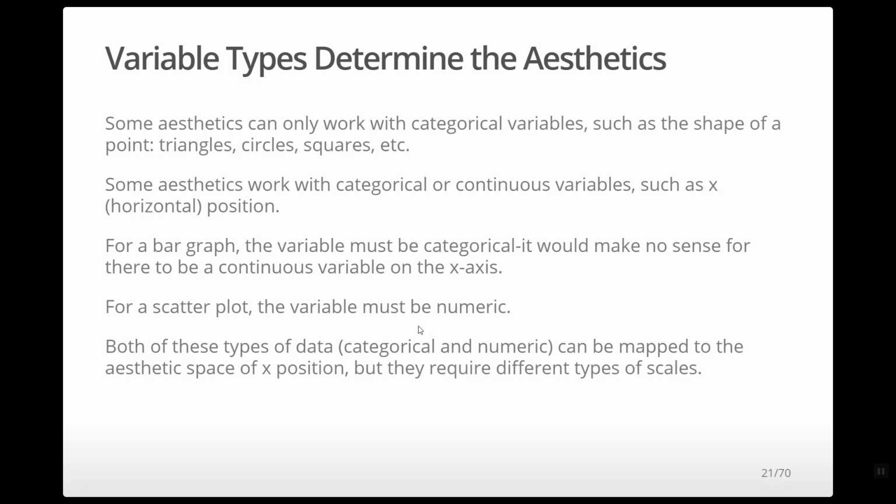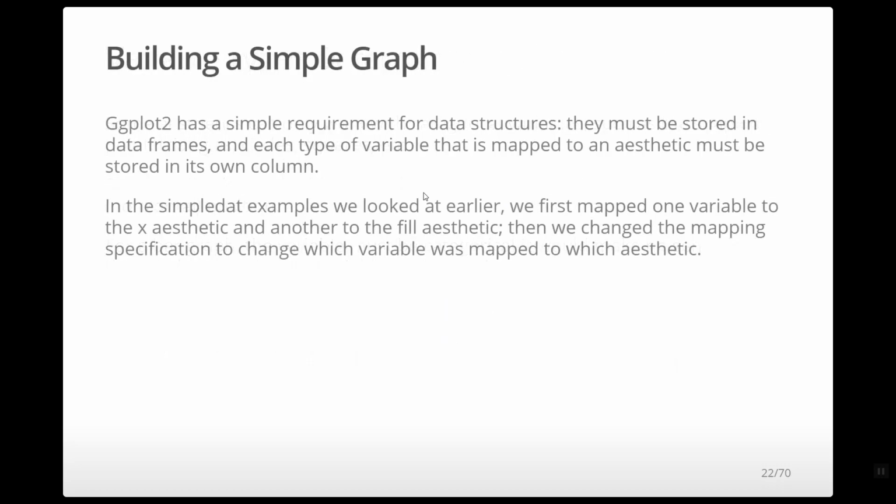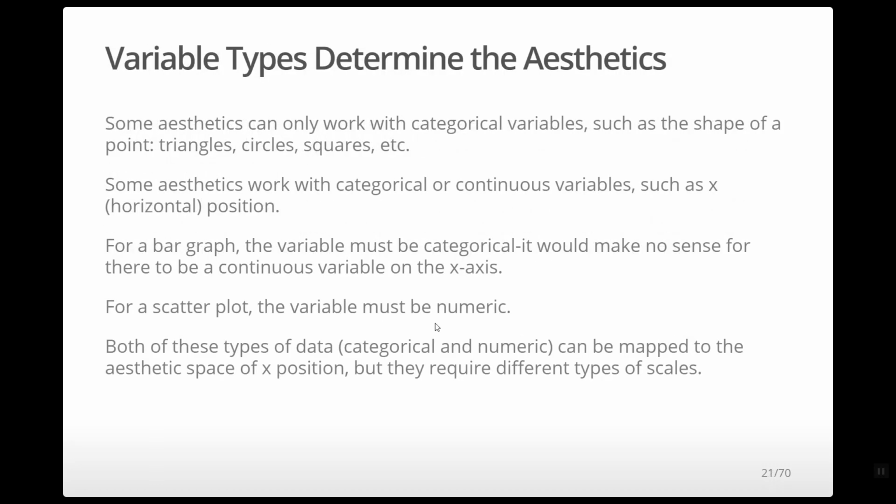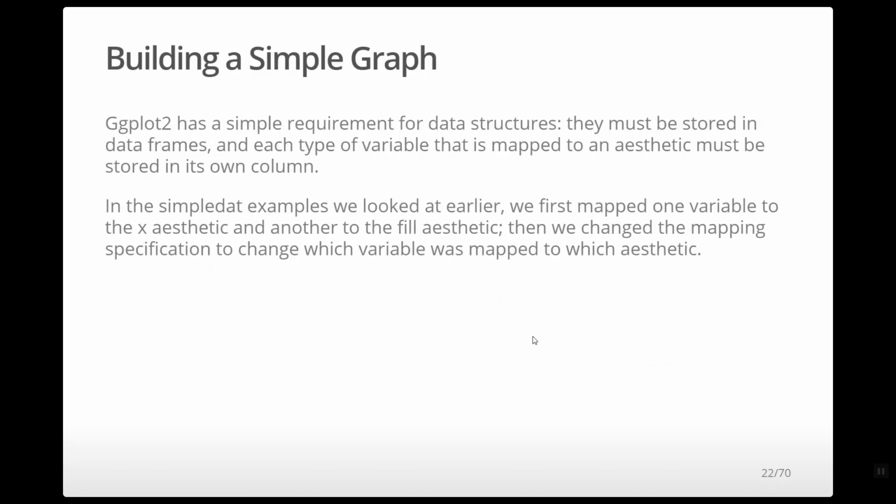Scatter plots, you have to have kind of numeric things and stuff like that. I guess you can have scatter plots with categorical things as well. So when we build a graph, we first call GGplot to initialize an empty plot, and then we declare the aesthetics.